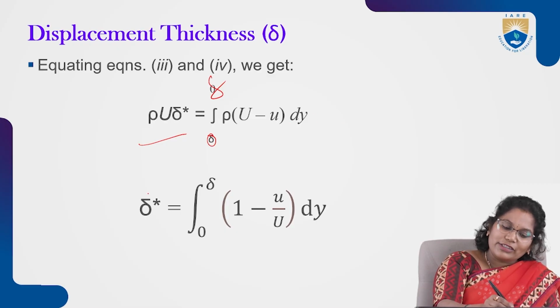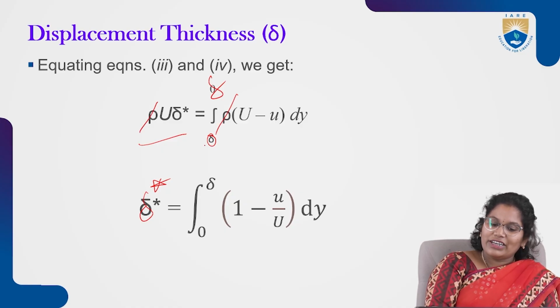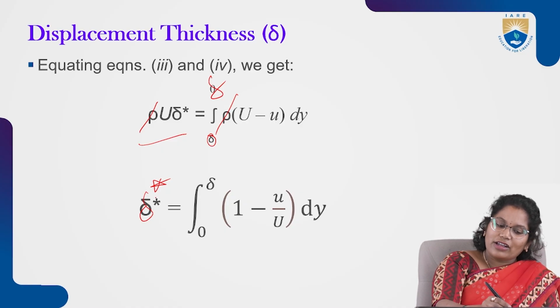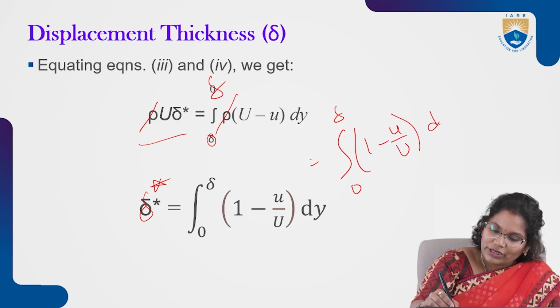When you take the displacement delta star, the rho gets cancelled, and the capital U is taken to the right-hand side, and the equation becomes the integration from 0 to delta of 1 minus small u by capital U into dy.